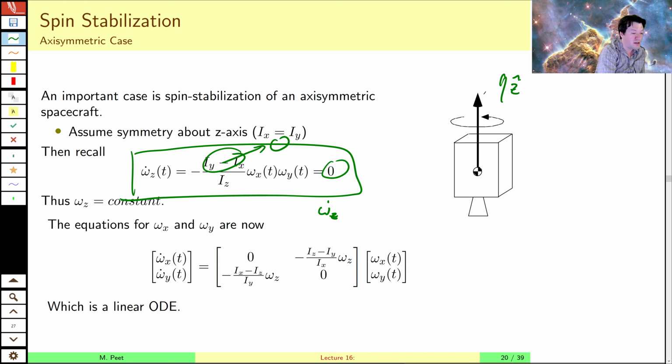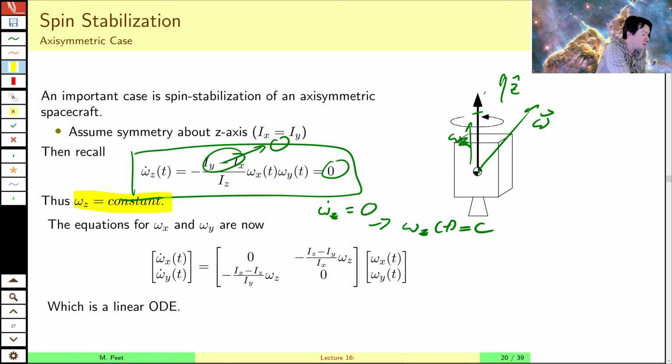The component of rotation, if this is our rotation vector omega, the component in the z direction, omega z, is constant.